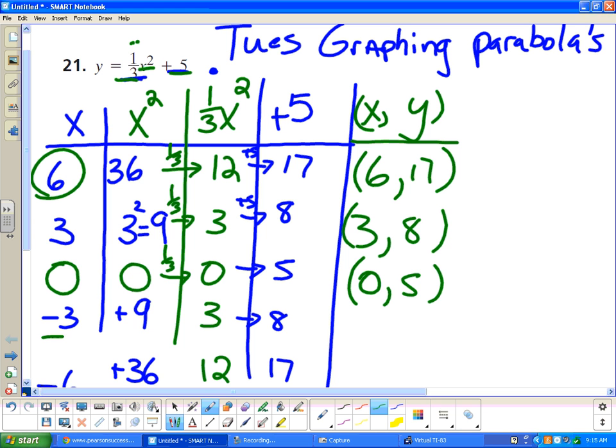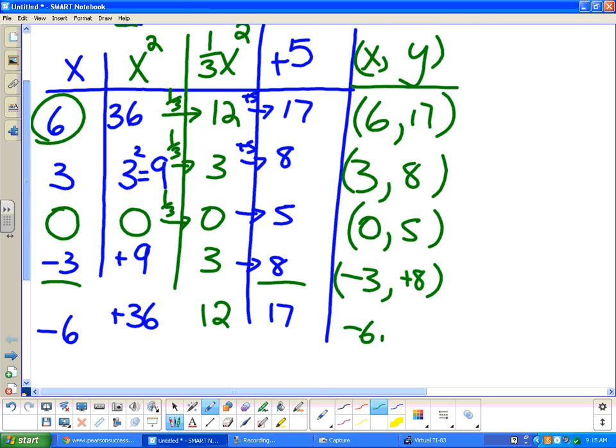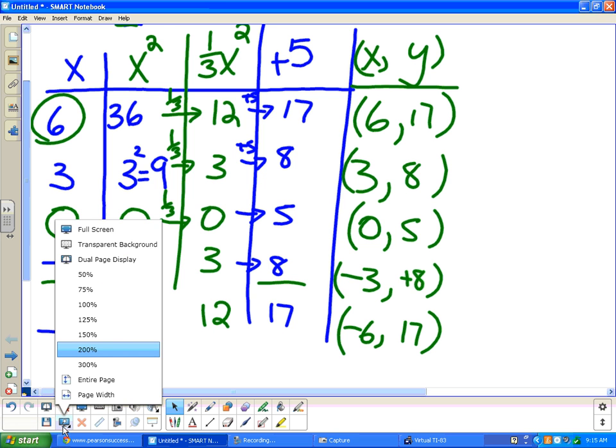Again, I'm just picking the X value, -3, and putting the last thing I got, which was 8, and then we keep going with -6 comma 17. Once you have your chart made, and please make the charts for the homework, you're going to make a graph of those values.